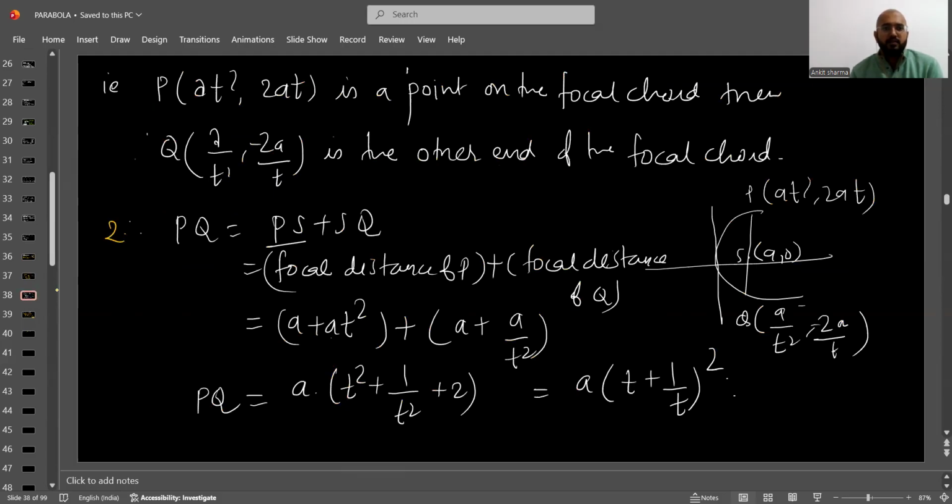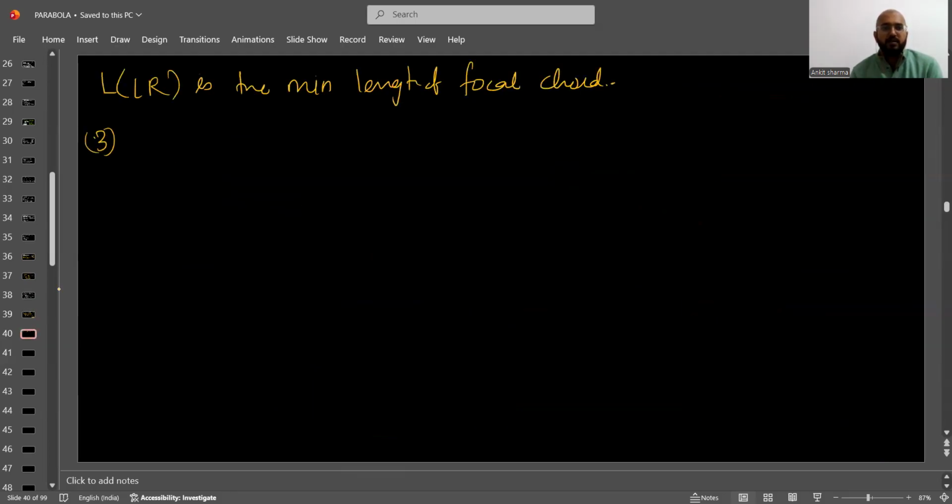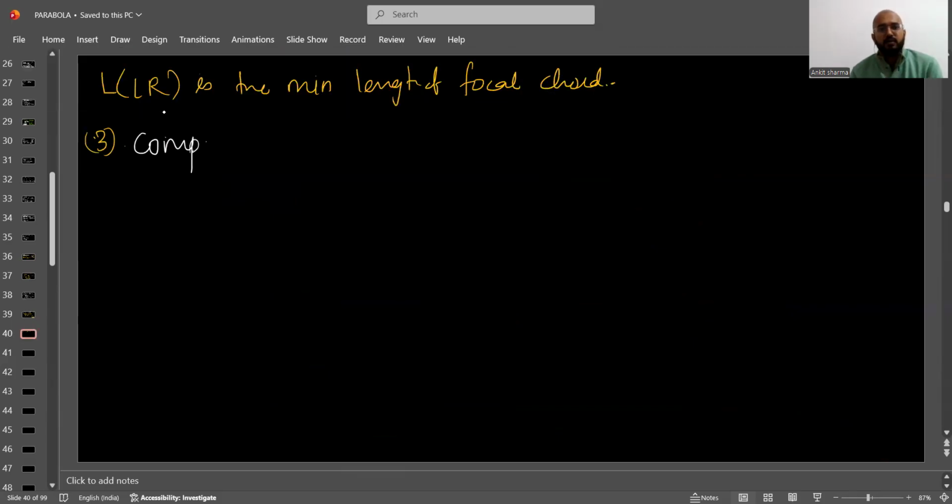This is important. And point number 3 is on the way now: the components of the focal chord are in HP.